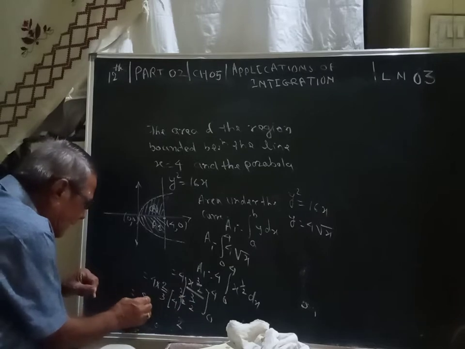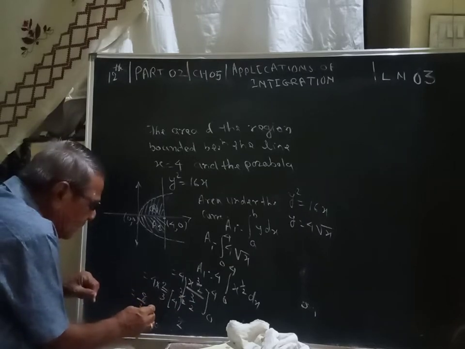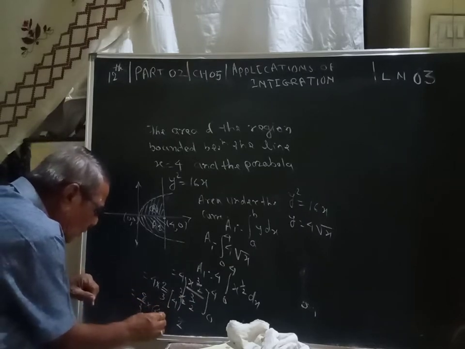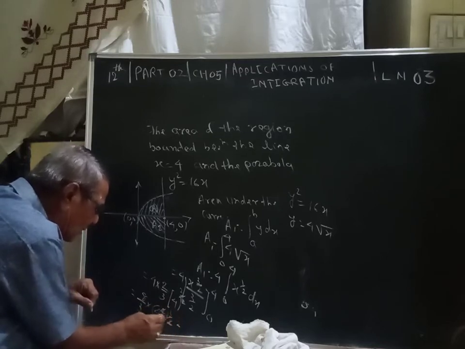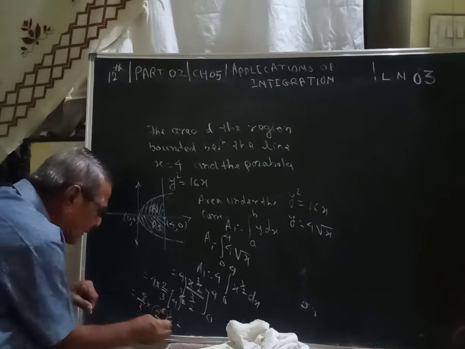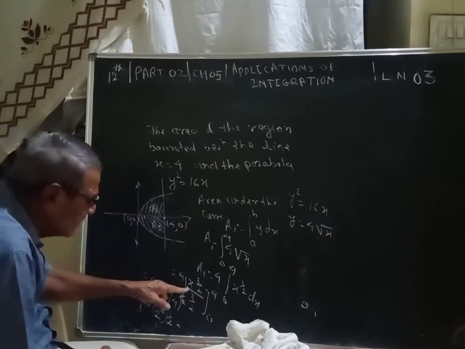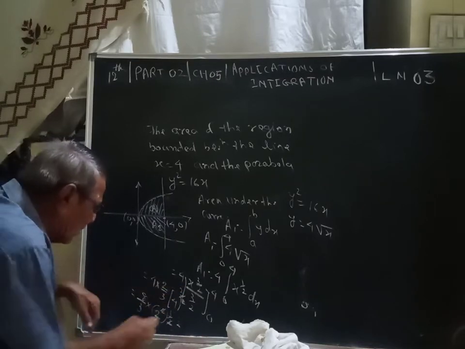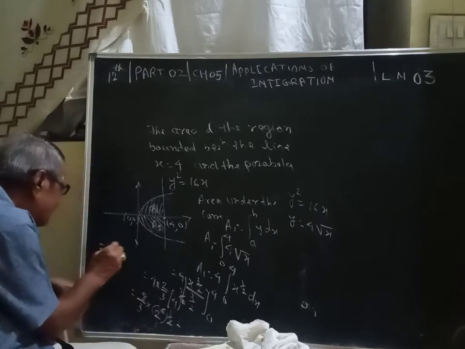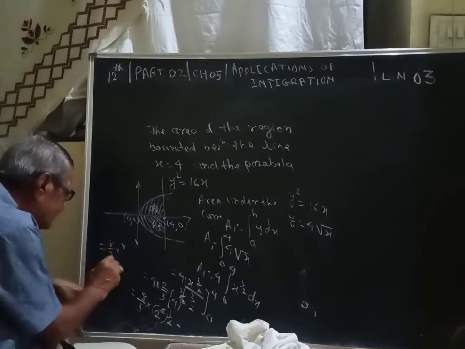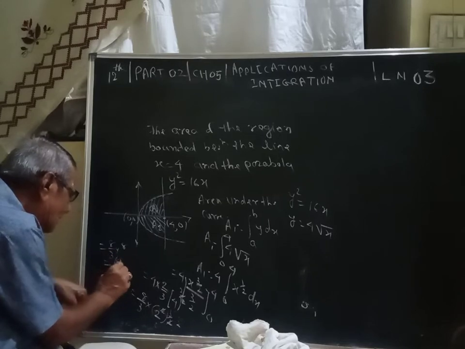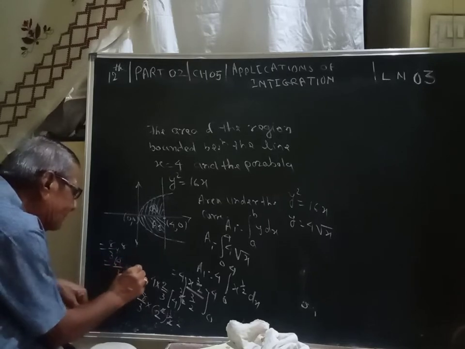So 8 by 3 into 4 raised to 3 by 2. 4 ची किंमत टाकल्यानंतर 2 raised to 2, 3 by 2, 2 गेला. मग 8 by 3 into 8, 64 by 3 square units.